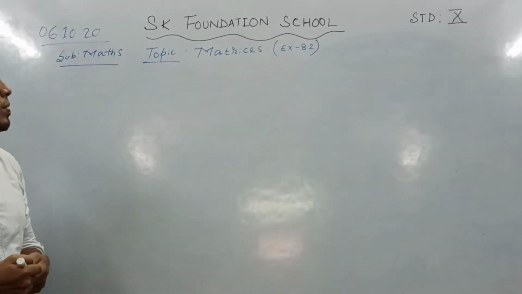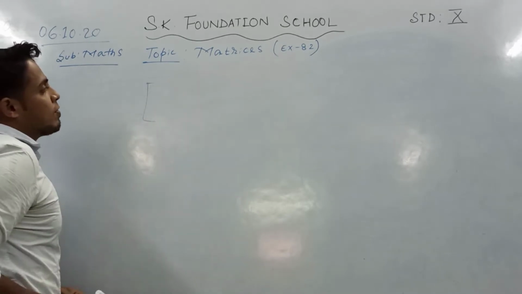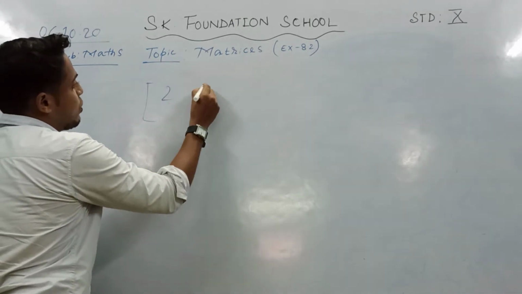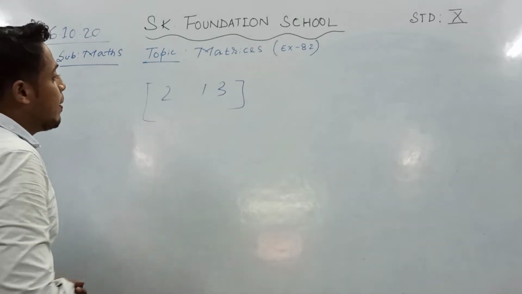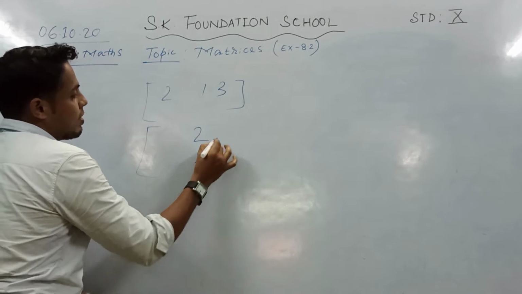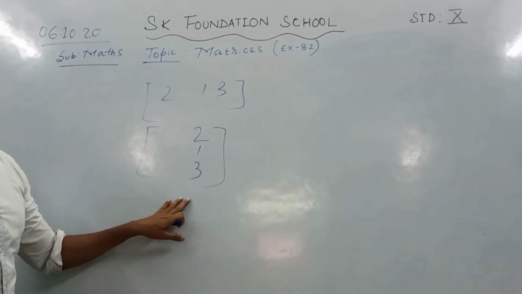We already know that when we write elements or numbers in this way, like 2, 1, 3, those kinds of matrices are called row matrices. If we write 2, 1, 3 vertically, this kind of matrix is called a column matrix.